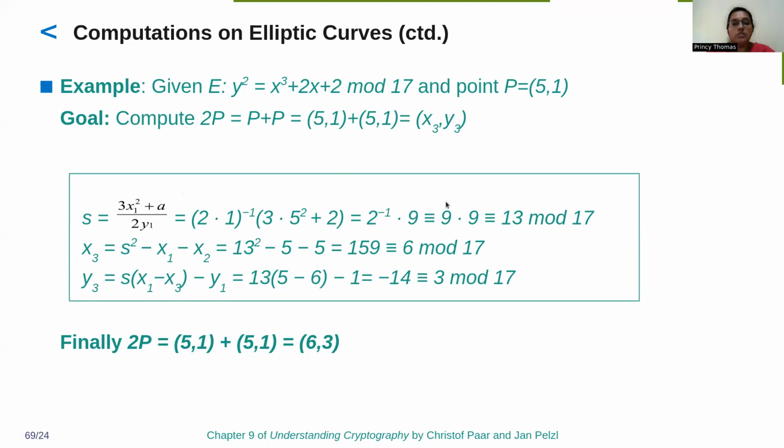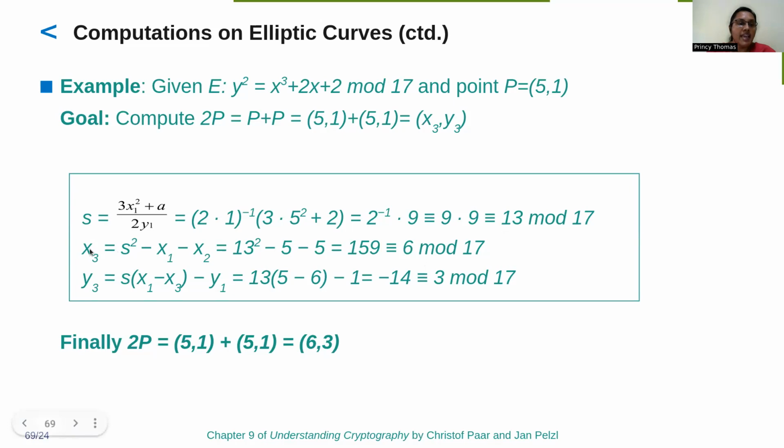So this will become 9. And here 3 into 5 square plus 2 is also equal to 9. So 9 into 9 is 81, and 81 mod 17 will give you 13. Now once we have found s, everything becomes simple. Just find x3, plug in the values of s, x1 and x2, and you will get 6 mod 17.